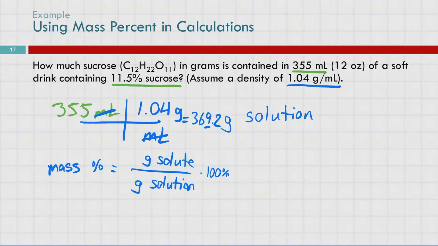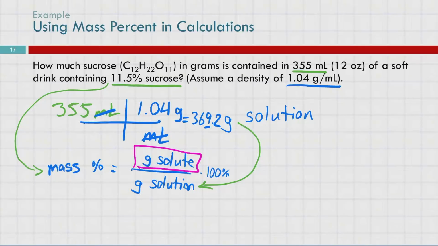So one way that we could use this is we rearrange this whole thing. We have the grams of solution. We have the percent, and we're trying to find the grams of solute. So that would be one way to do it.